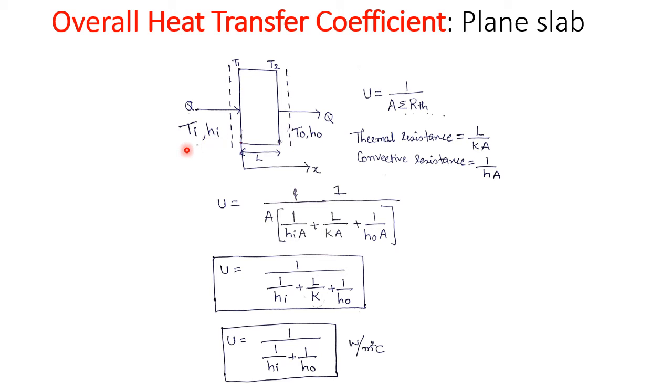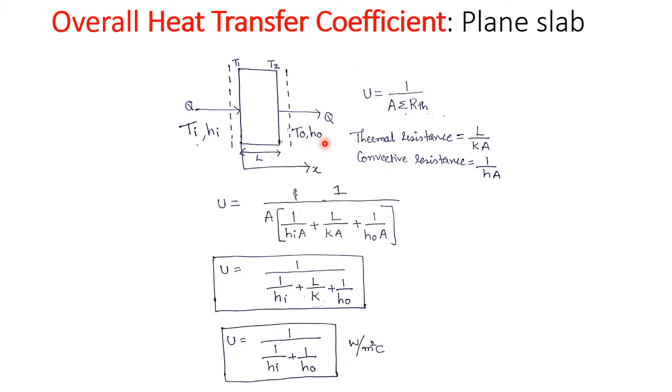Then from here to here, heat transfer takes place by conduction across the thickness of the wall L, and from the outer surface of the slab, again heat transfer takes place by convection to the cold fluid, which is maintained at temperature T naught, with convective heat transfer coefficient H naught.